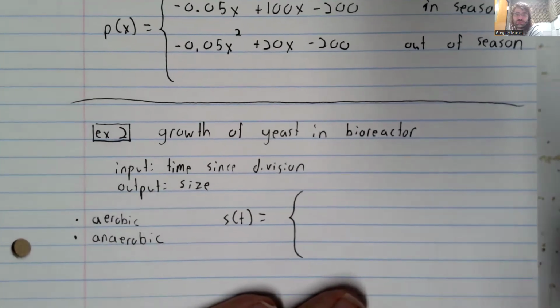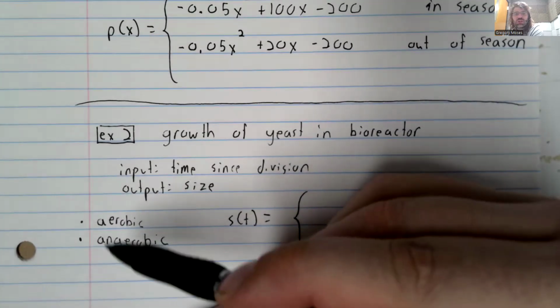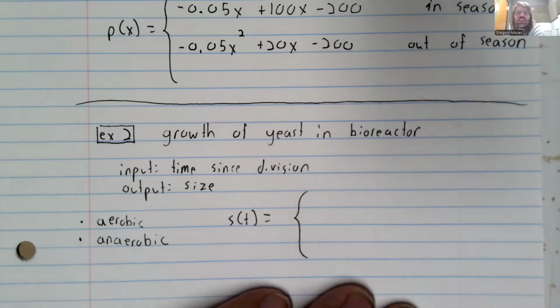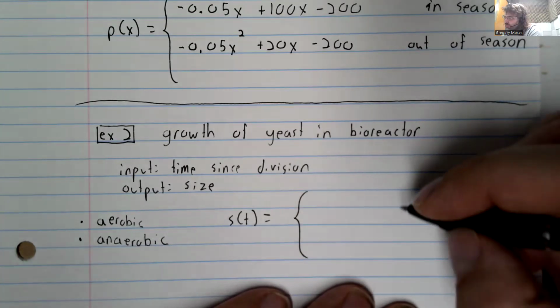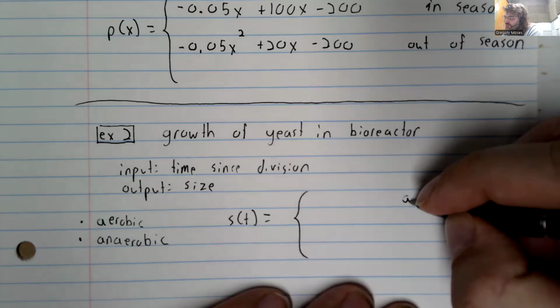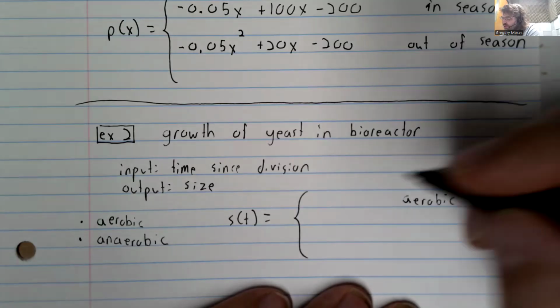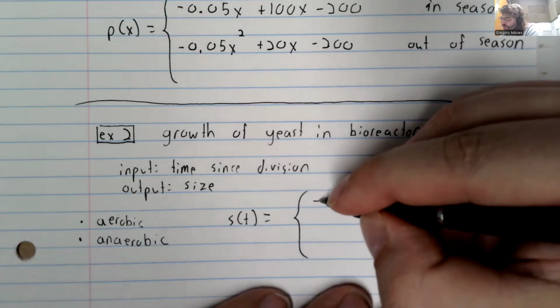And yeast grows in both these environments, but it doesn't grow at the same rate. So you need a piecewise defined function. Let's just make something up.